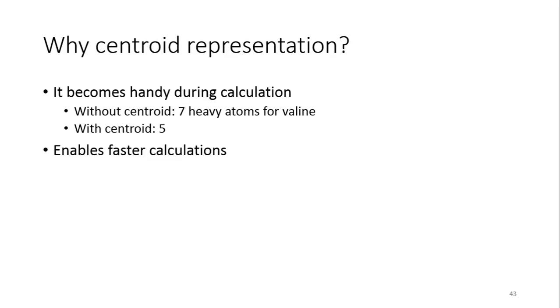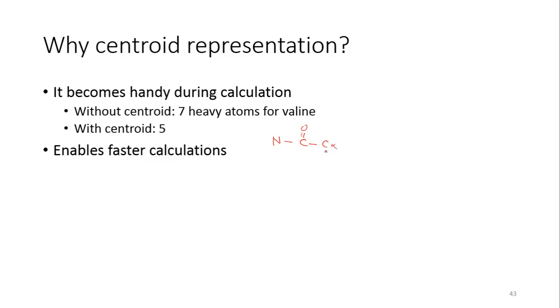So, in short, using this centroid representation becomes handy during calculation. Say for example, if we decide to use valine in our calculation, let me draw this valine for you. Let us draw this backbone. We have this nitrogen, we have this carbonyl carbon, carbonyl oxygen, then we have this C alpha carbon atom, right?